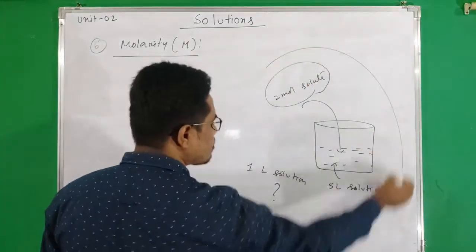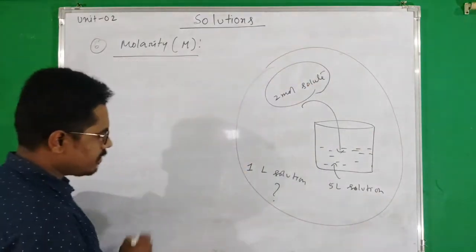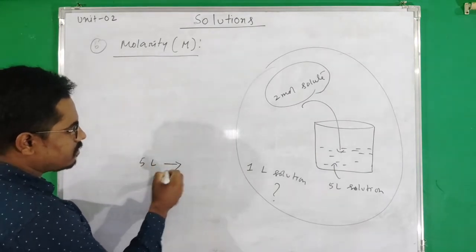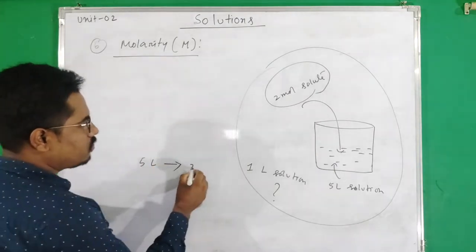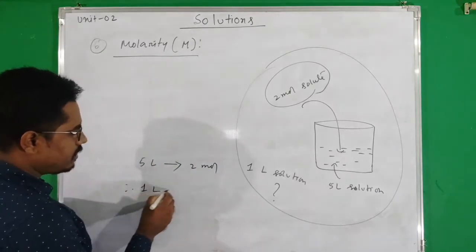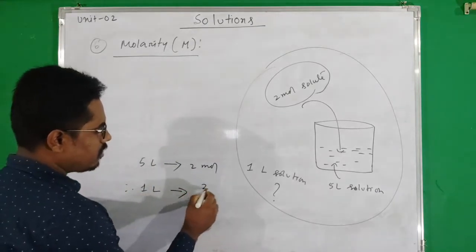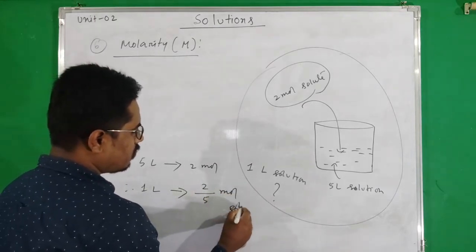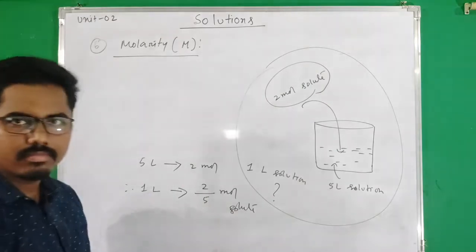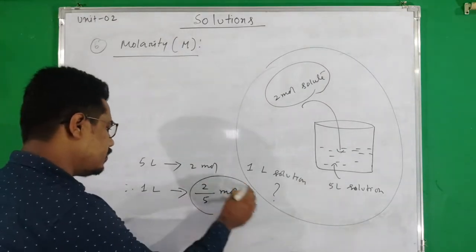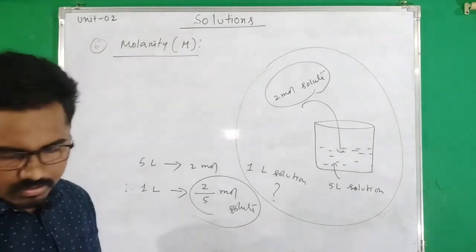From this example, we can say that 5 liter solution has 2 mole solute, so 1 liter solution has 2 by 5 mole solute. By definition, this one is the molarity of the solution.